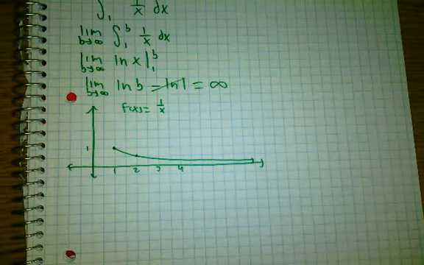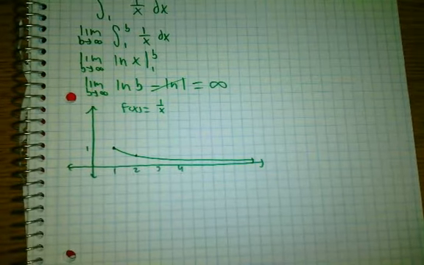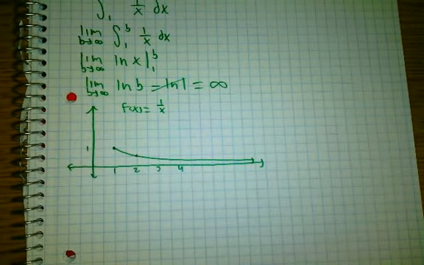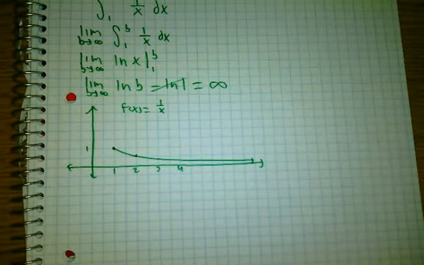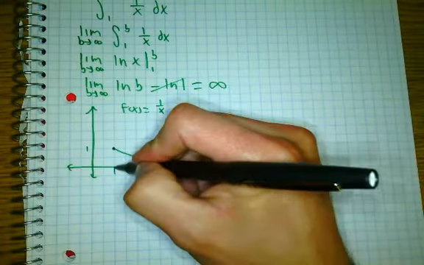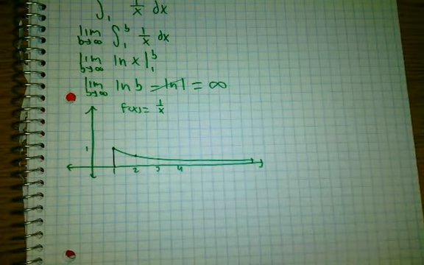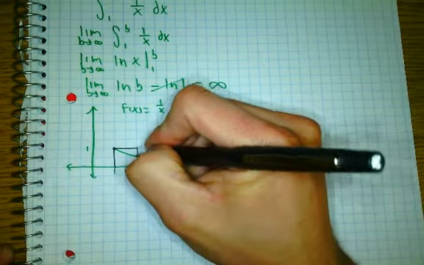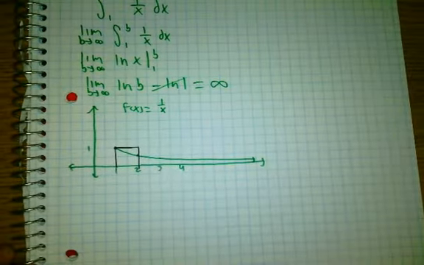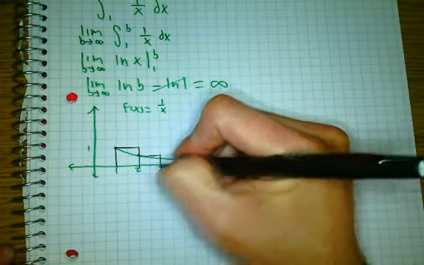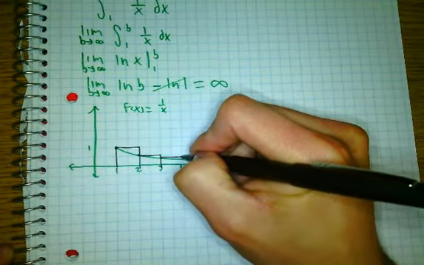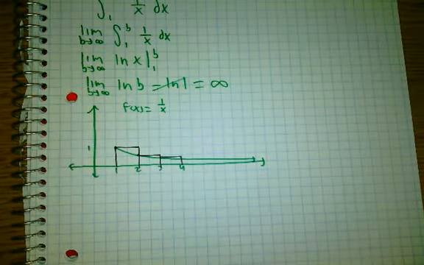The height of the rectangle is represented by the left side. And I'm going to start at 1, because 2 is the right, 1 is the left. So 1 would be the height. And I want this rectangle to have a width of 1. So I'm going to go from 1 to 2, and then from 2 to 3, and then from 3 to 4. I think that's enough for you to understand what I'm doing here.